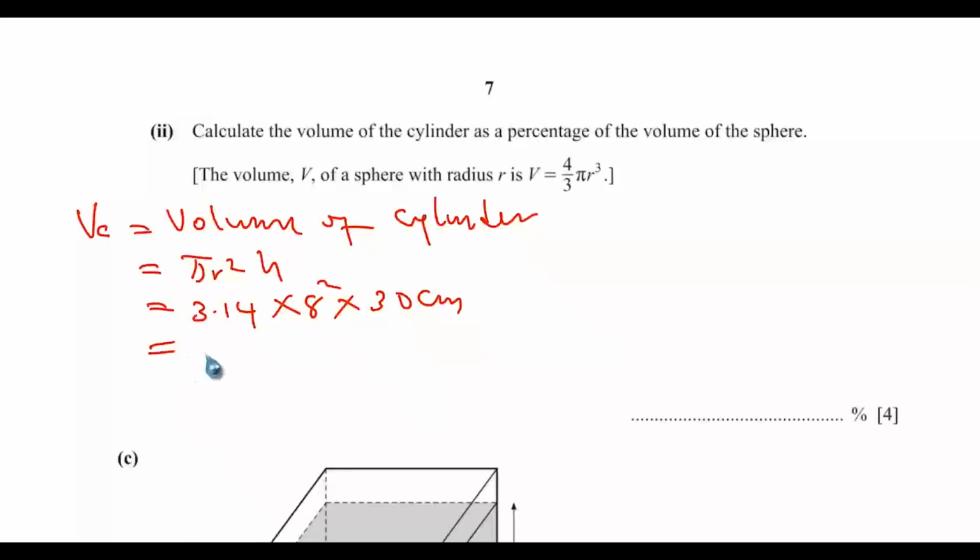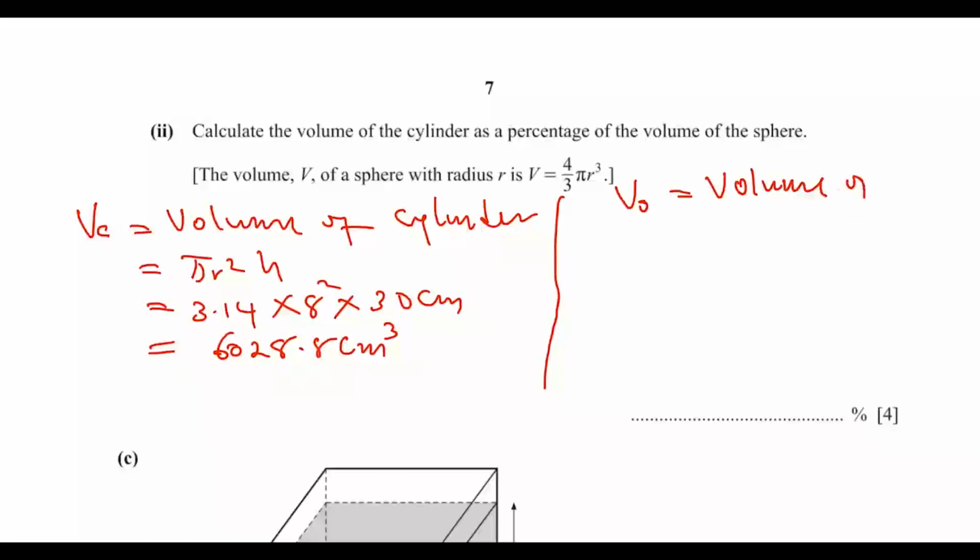This will give us 6028.8 centimeter cube. You can partition this. The volume of the sphere is equal to 4/3 pi r cube.